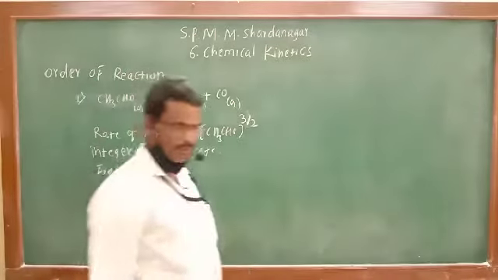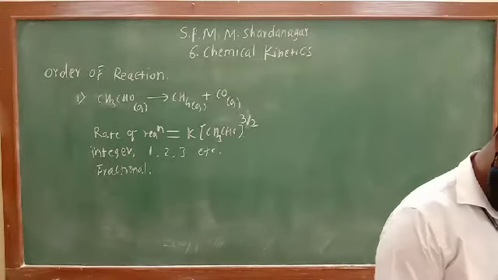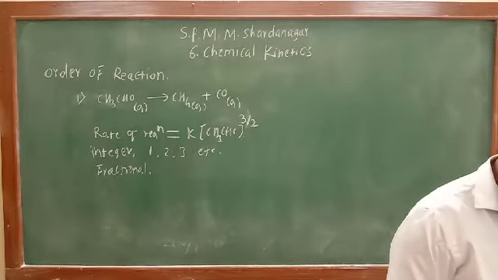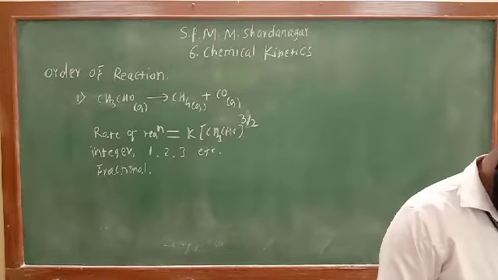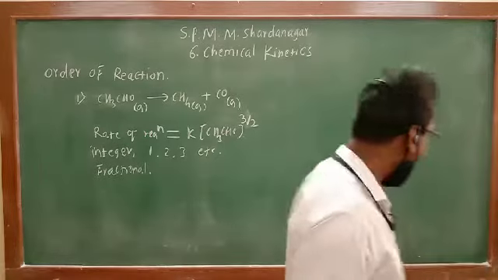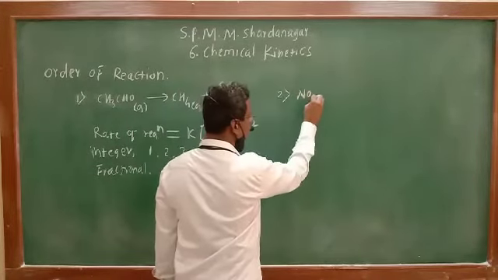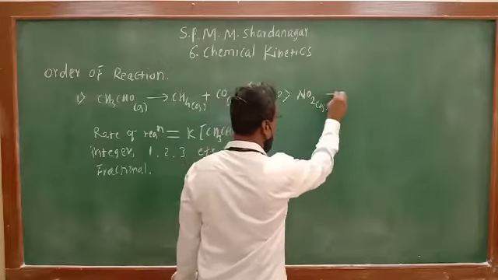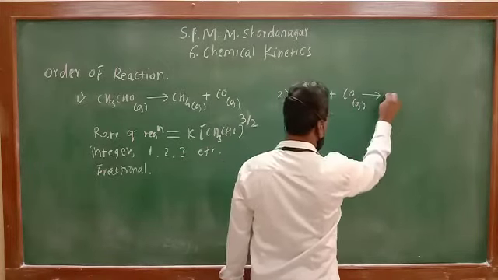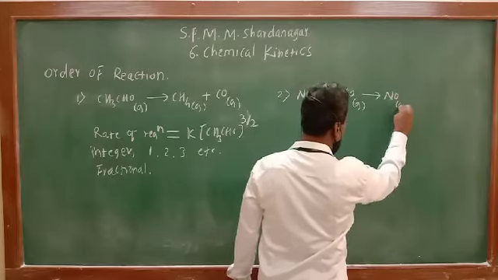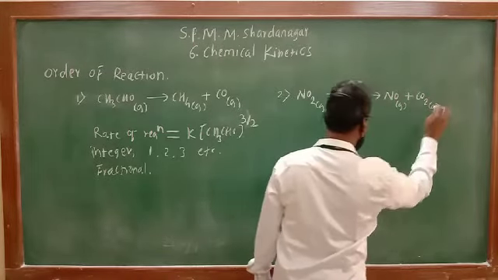See one more example. The order of reaction may be 0 also for some chemical reactions. Let us see this reaction: NO2 gas plus CO gas giving NO gas plus CO2 gas.